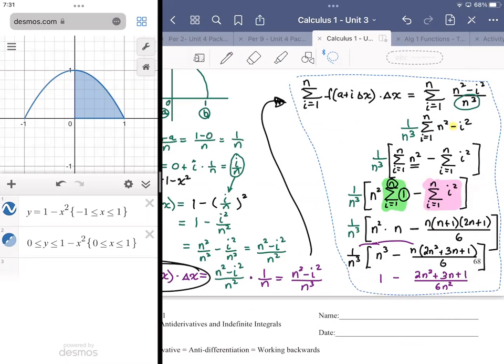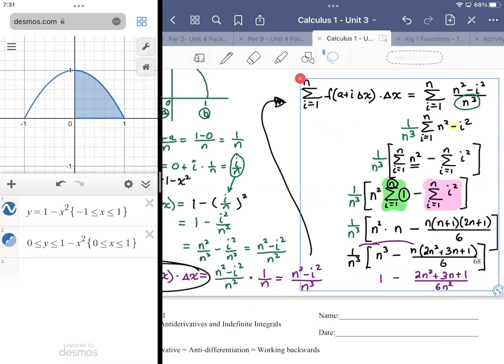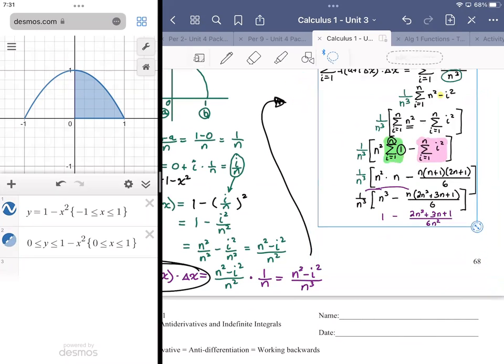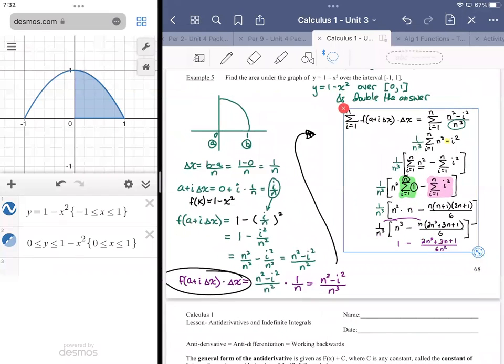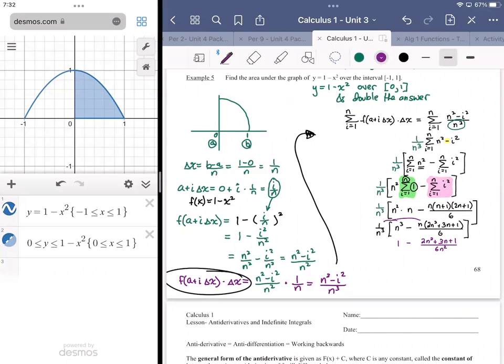And once we do that, we just have to remember to double it, because that's the one thing I always forget every time I do this problem. If we find the limit as n approaches infinity of 1 minus (2n squared plus 3n plus 1) over 6n squared, and then double it, we'll have our area.